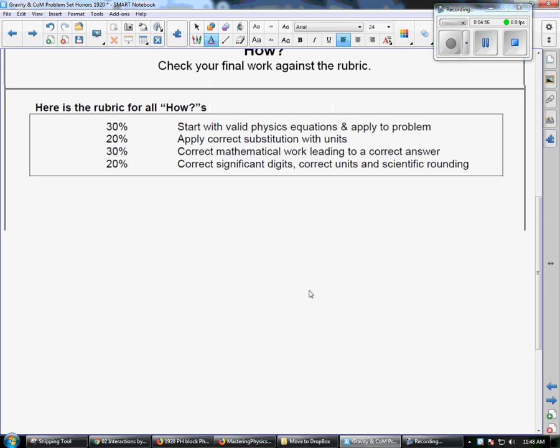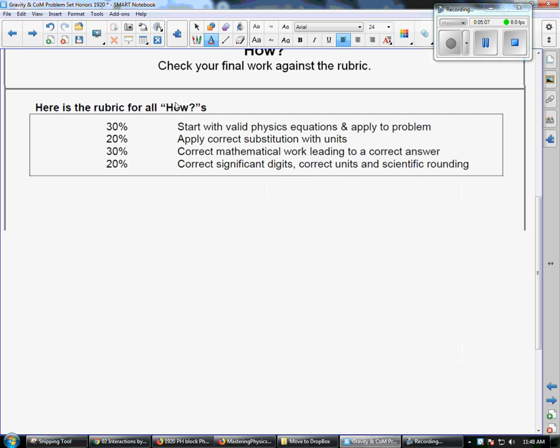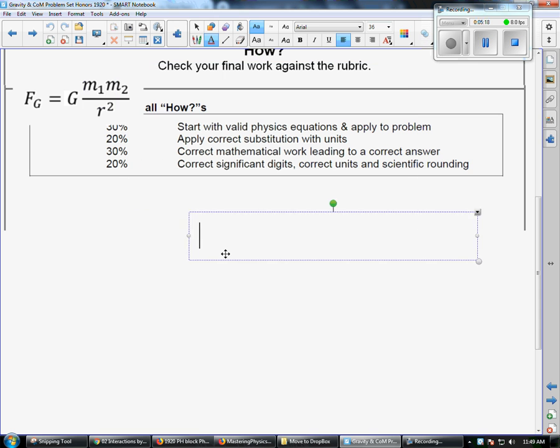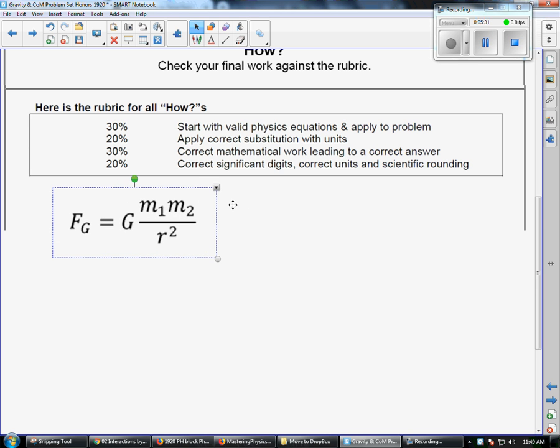All right, so there's the equation. And are there any constants in there that I need?